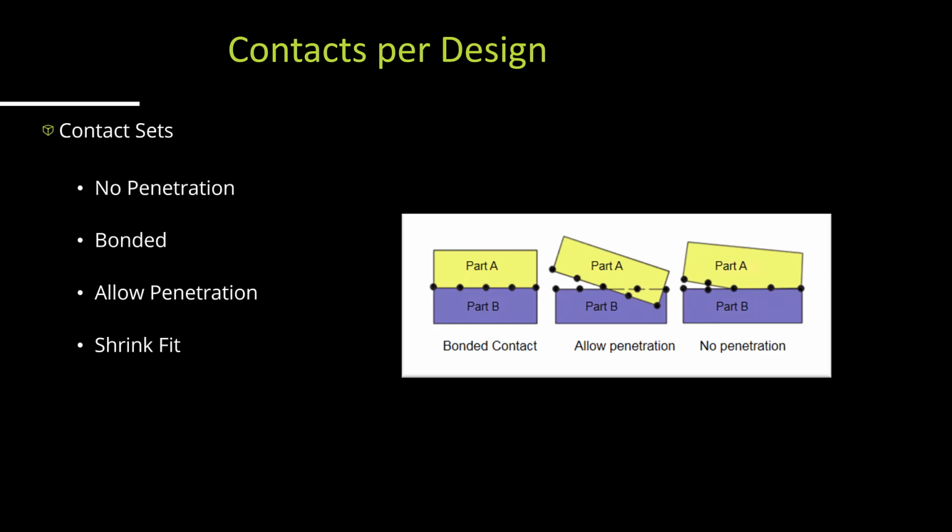Shrink fit is actually very much a nuanced thing. However, if you have surfaces that are spherically trying to come together and they're not the same size, then you'd want to use a shrink fit contact set. Now, unfortunately for this example, my colleague Eric Vega and I worked on this model a little bit, and the parts do not overlap, so everything fits nicely.